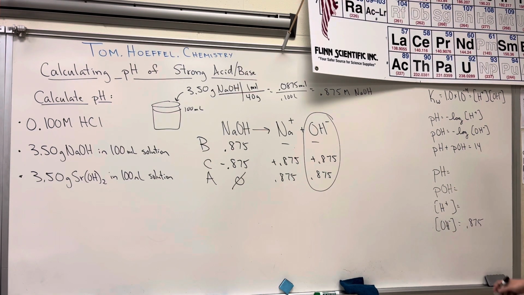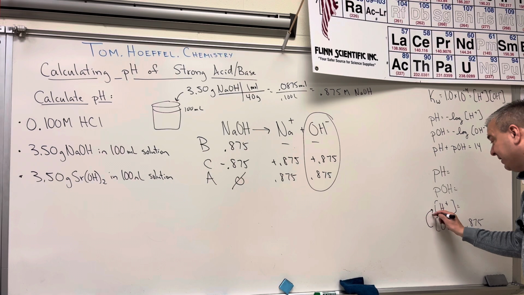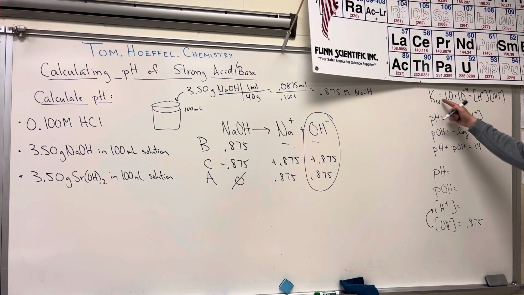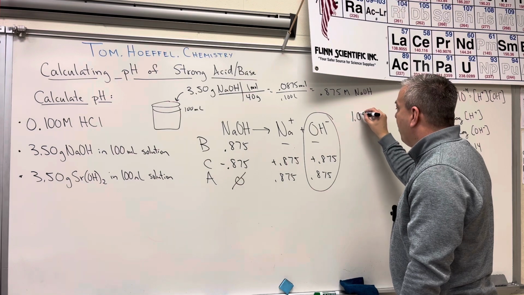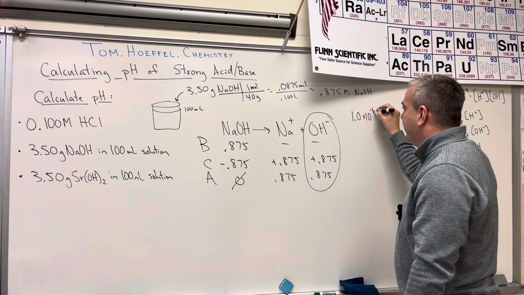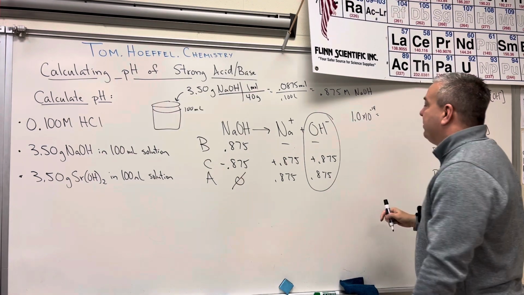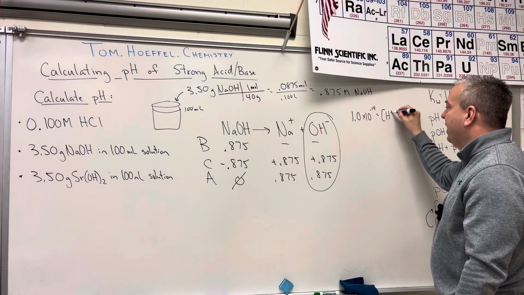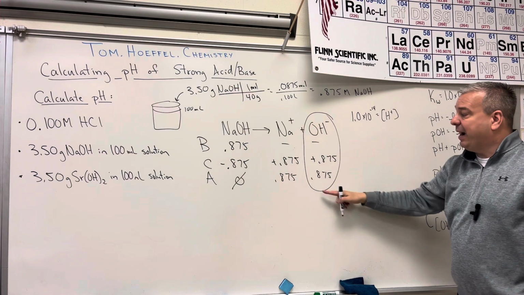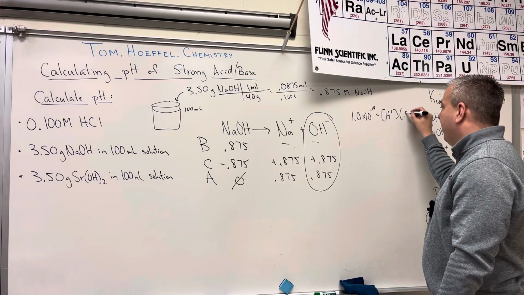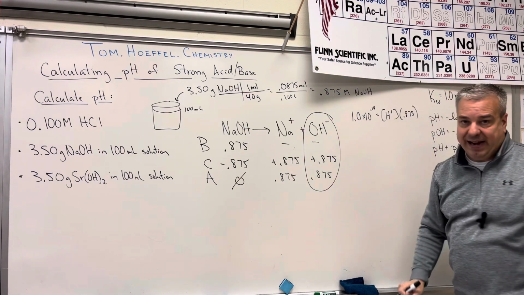The first one I'm going to go ahead and figure out is the concentration of the protons by using my Kw expression. Kw is equal to 1.0 times 10 to the negative 14, and that's equal to the concentration of the protons, which I don't know, times the concentration of the hydroxide ions, which I do know, as 0.875.